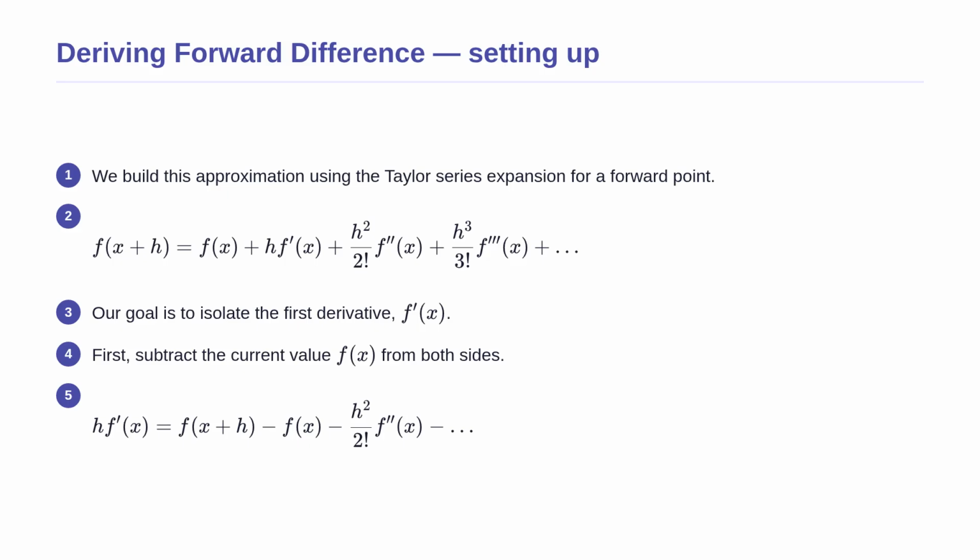We start by writing out the Taylor series expansion for a point that is exactly one step size forward. In this equation, we have our current value, the first derivative we want to find, and higher order derivatives representing the curvature of the graph. Because our sole goal is to find the first derivative, we need to isolate it. We start by subtracting our current value from both sides of the equation.